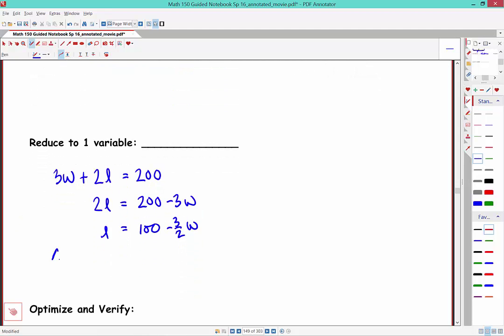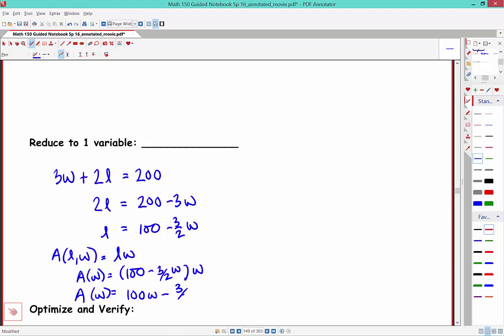Our area in terms of L and W was L times W. Our area in terms of W alone will be 100 minus 3 halves W times W. And we can write that as 100 W minus 3 halves times W squared. So our area in terms of W is 100 W minus 3 halves W squared.